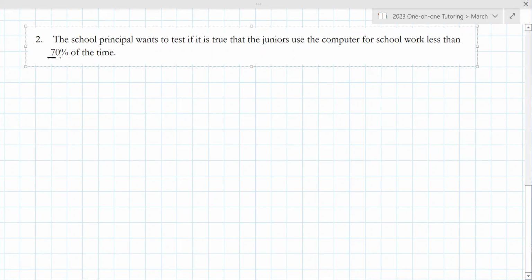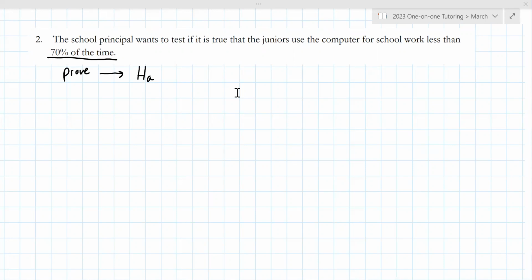So this is what they want to prove. And the prove typically always goes in the alternative hypothesis. Okay. So this is a P and a P. Can you tell me either of these?